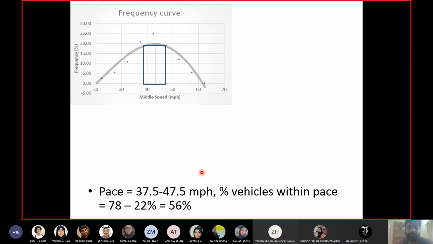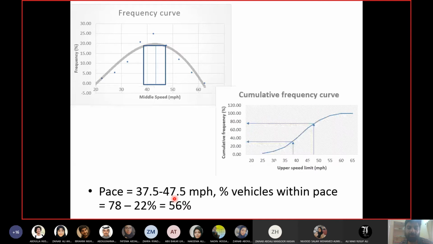Next we have to find how many drivers are driving within this range between 37.5 and 47.5. So what is the percentage of vehicles which have a speed between 37.5 and 47.5 miles per hour? For that, I will use the cumulative frequency curve. The first value is 37.5 on the x-axis.